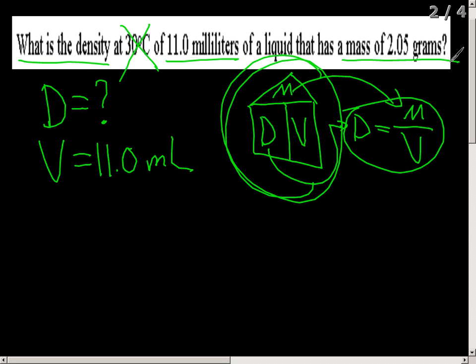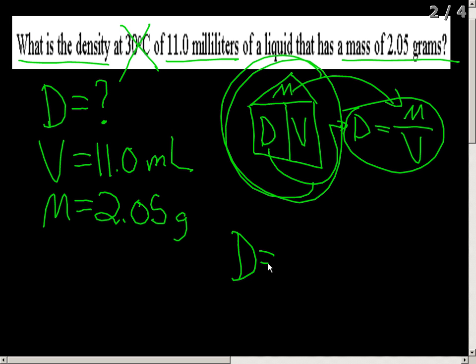Mass, grams. So I'm going to come down here and just plug and chug. Density is equal to the mass, which was 2.05 grams. Always write your units. 2.05 grams over the volume, 11.0 milliliters.